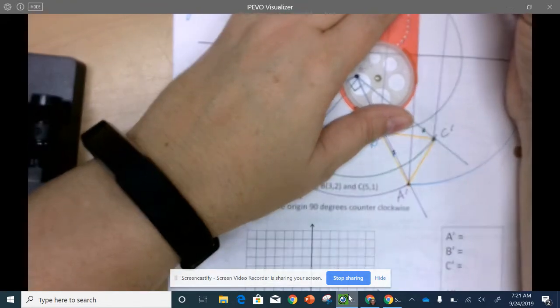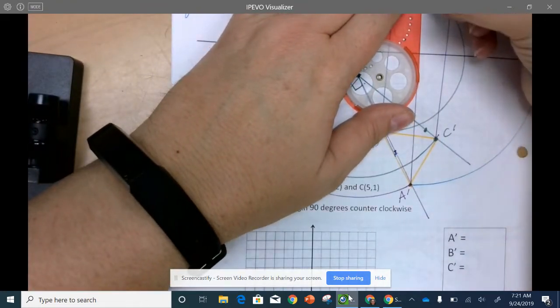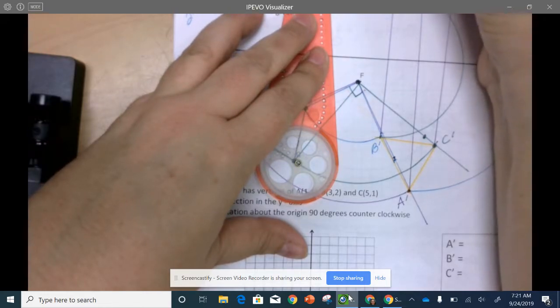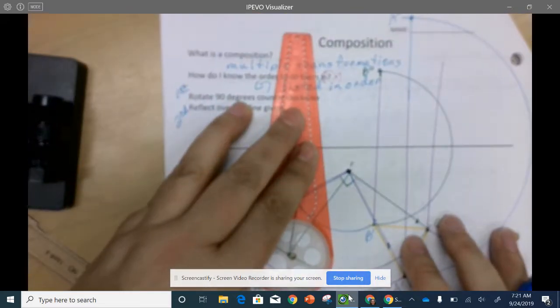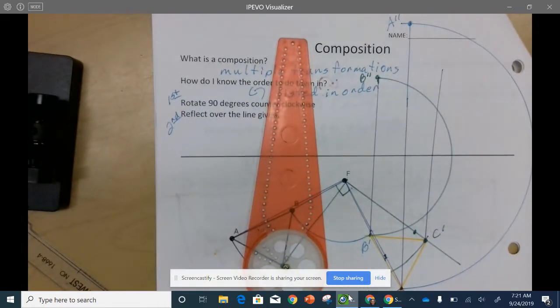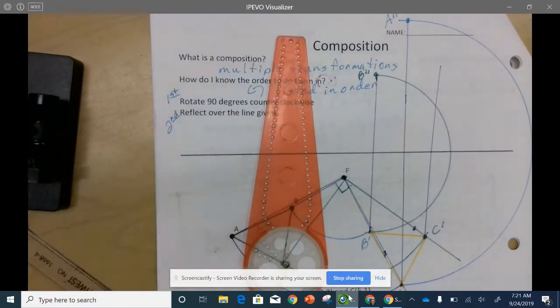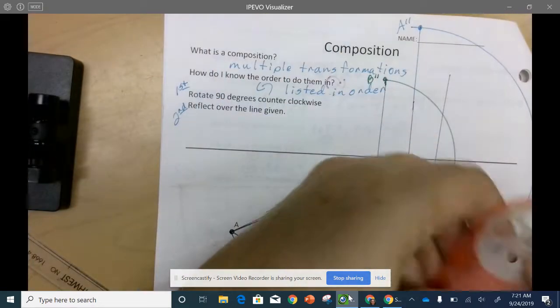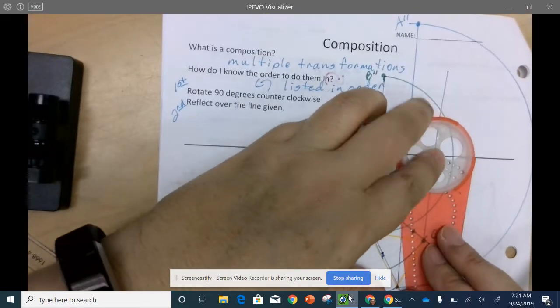It's far, far across. Yeah, it's all the way up there. Then we do the same thing with C, so put it on our line of reflection.